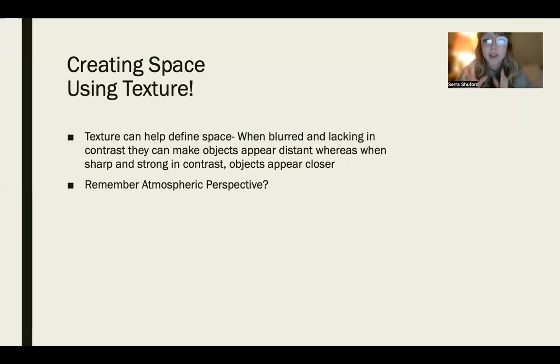When texture is really fuzzy and unclear, it seems farther away because we see less detail. And when it's closer to us, we see more of the textures and the actual tactility of an object. So you can play into atmospheric perspective by playing with some of these things that we know about texture.